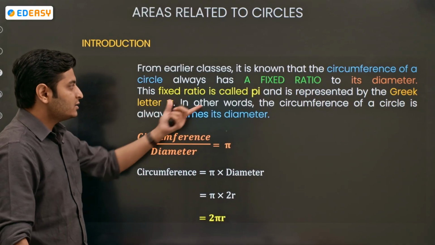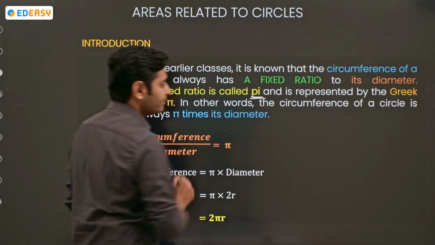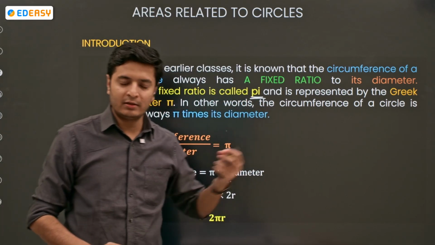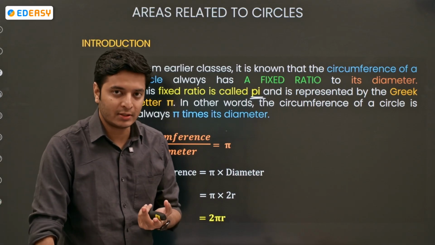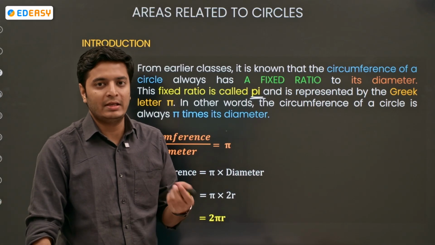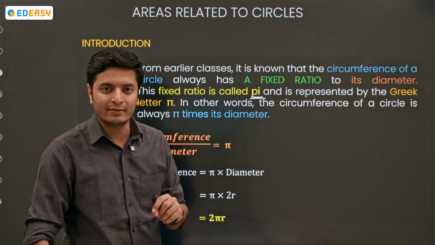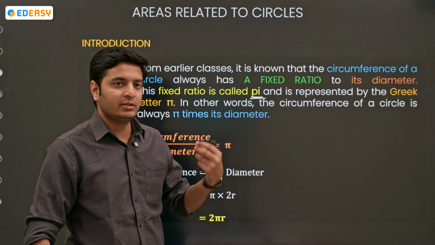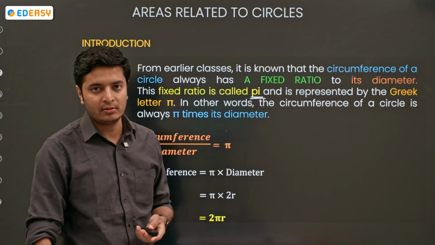Now, this fixed ratio is known as pi. Remember pi? The value is 22/7 constant or 3.14. Just to ease our calculation, we use 22/7, but the exact value of pi is not known because there are too many values after the decimal, correct?